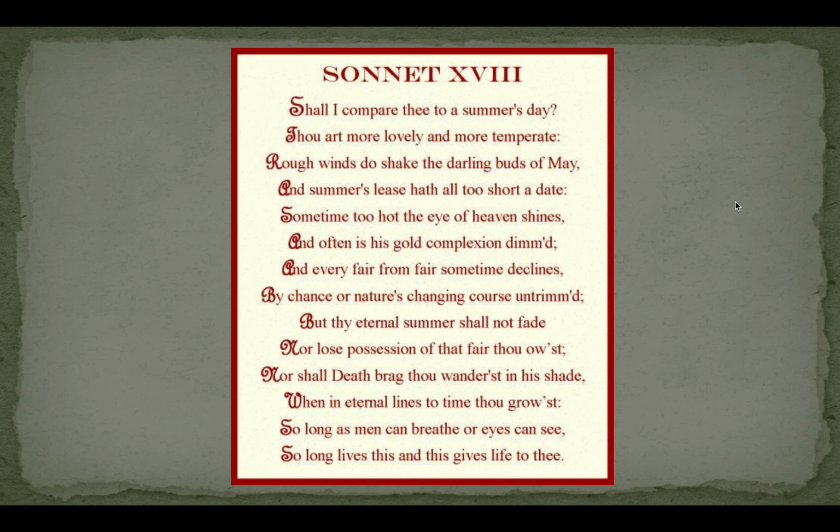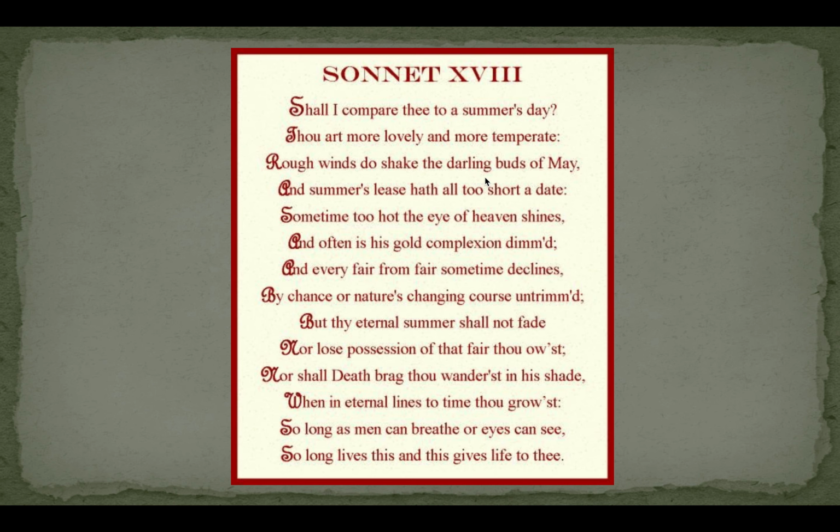We know that we've got our theme and our topic. We're talking about summer's day, so there's lots of imagery related to summer and warm weather and the outdoors and things that happen during spring and summer. So we've got "rough winds do shake the darling buds of May." So this is an image about flowers and springtime.